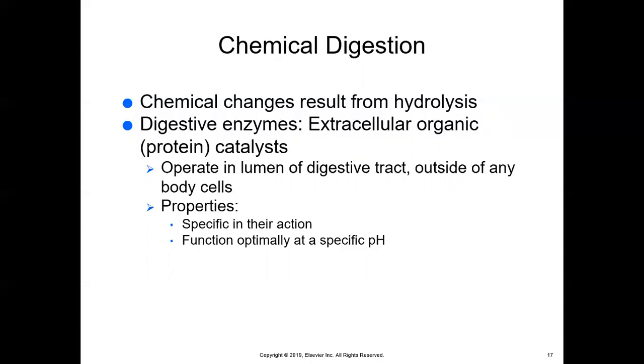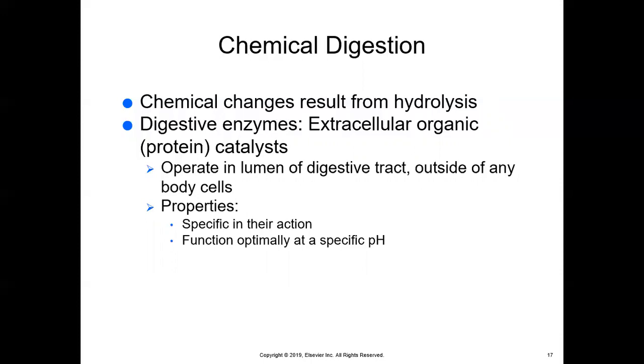Digestive enzymes are extracellular organic protein catalysts. So the digestive enzymes that are used in chemical digestion are extracellular organic protein catalysts. When you say it's extracellular, that means the enzymes are used outside of individual cells. And they're organic, which means they are protein, and they're catalysts.